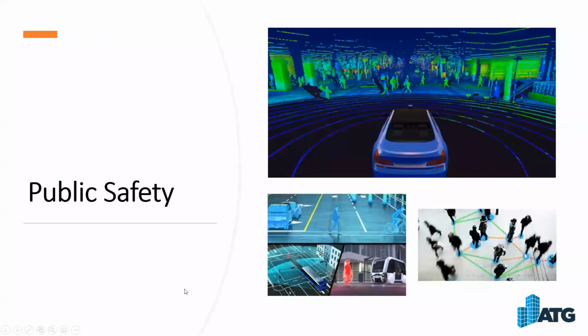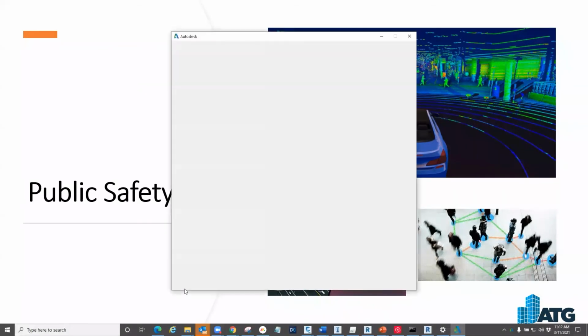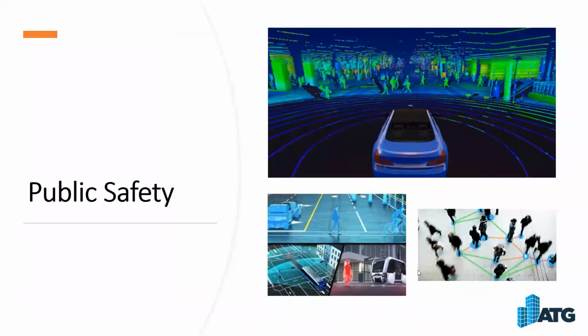Also public safety. There are a lot of different use cases for tracking people's movement. And I've even seen recently, with COVID going on, they've been able to monitor, hey, this group right here is not doing the appropriate social distancing.